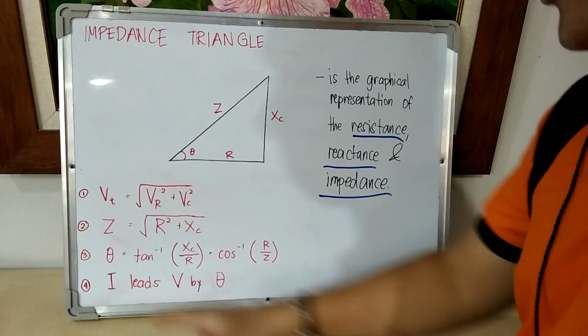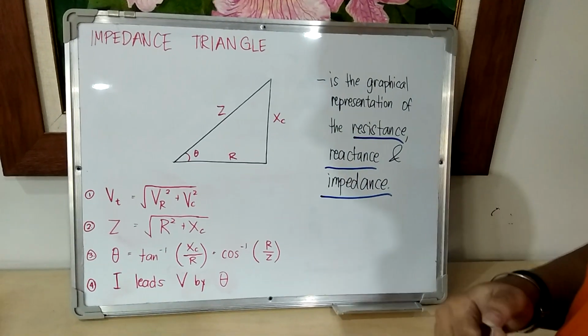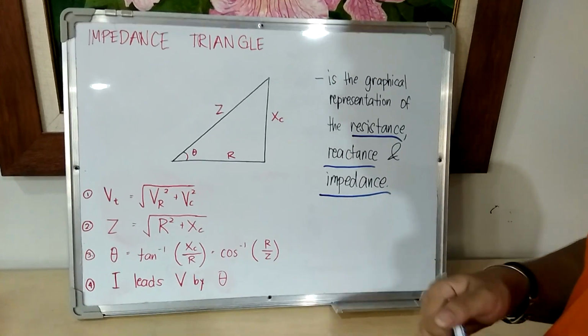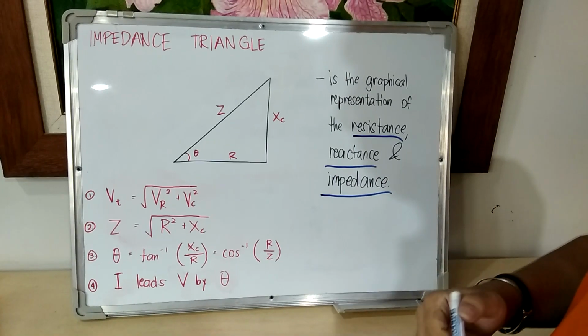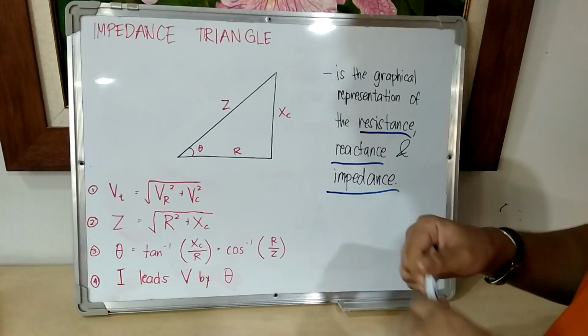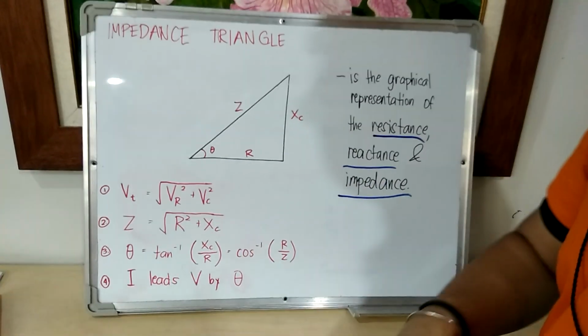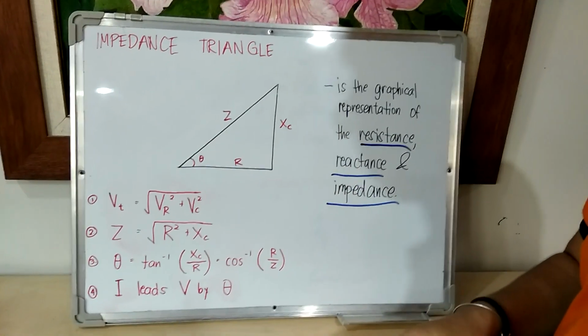The third is finding the phase angle theta, which is equal to the inverse tangent of the capacitive reactance over the resistance, or equal to the inverse cosine of R over Z. But this will be discussed in the power analysis part. And the fourth is that the current leads the voltage by theta.